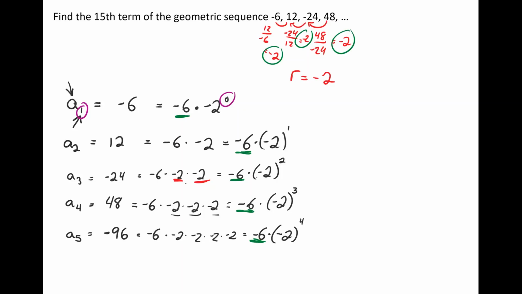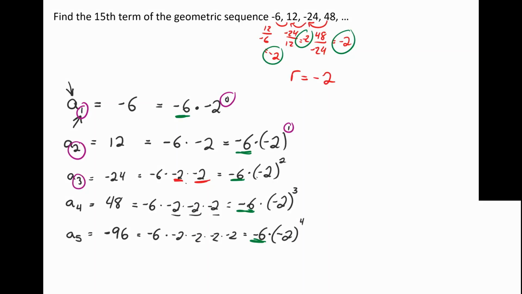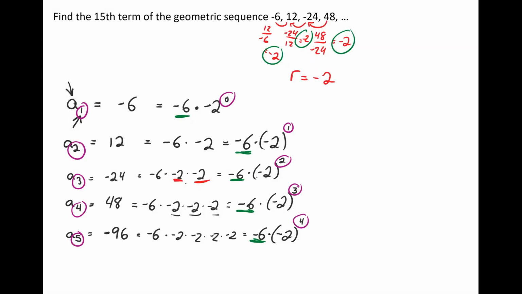So I'm also going to be multiplying by negative 2 somewhere in my formula. But to what power? Well, in the second term, I take negative 2 to the first power. On the third term, I take negative 2 to the second power. On the fourth, I take negative 2 to the third. And on the fifth, negative 2 to the 4th power.